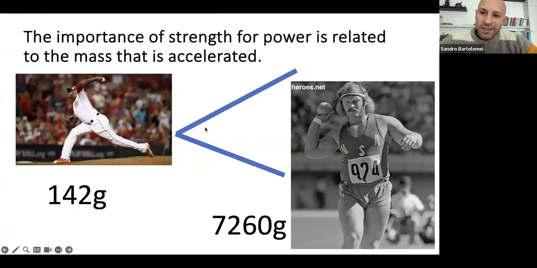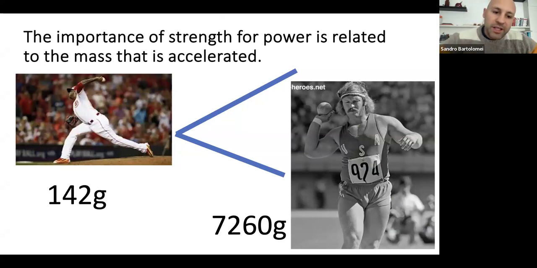The importance of maximal strength, however, is bigger when the mass to be accelerated is heavier.